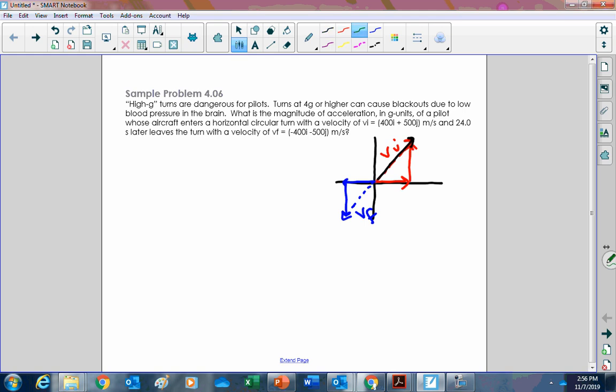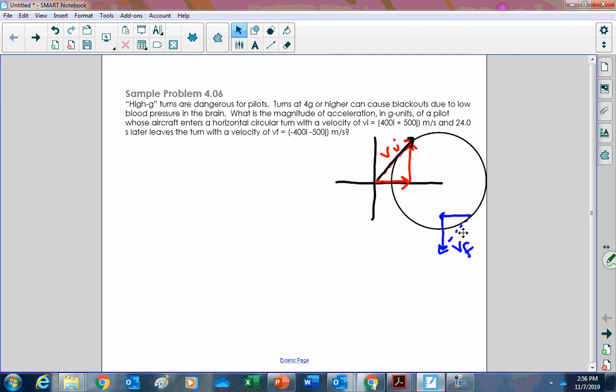So you can imagine there would be a circle here, and I'll use my circle tool since I have one, where that is tangent to the flight of the airplane. So it might be coming right like that, so that VI is coming like that, and then VF is across the circle, lined up like that.